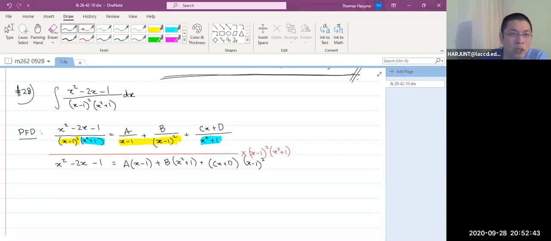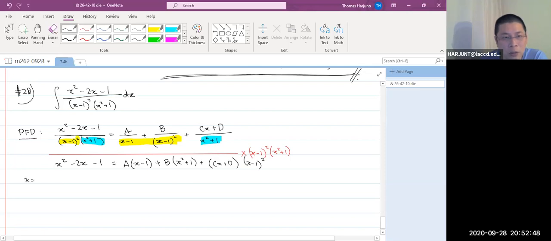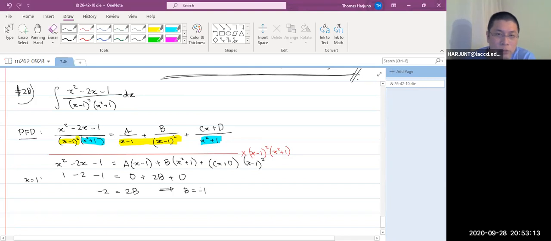Unfortunately, we have only one special value here, x equals 1, right? When x equals 1, we get 1 minus 2 minus 1 equals 0 plus 2b plus 0. Negative 2 equals 2b, therefore b equals negative 1. Now, of course, you can try what happens when x equals 0. I think, yeah, when x equals 0, we can get something nice.